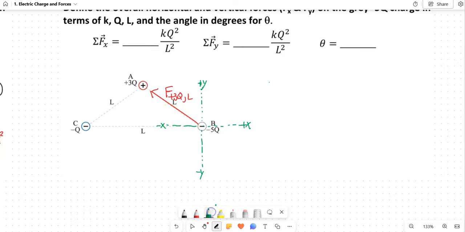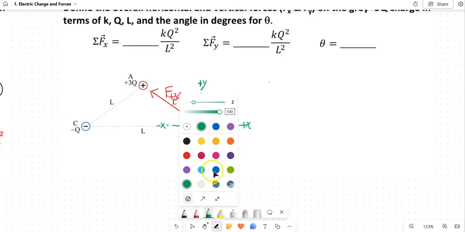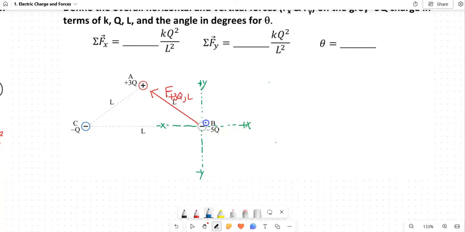The blue charge, the negative 1q charge, is going to be repelling our negative 5q charge to the right. So that's going to be a positive F, negative 1q, and that is also a distance L away.